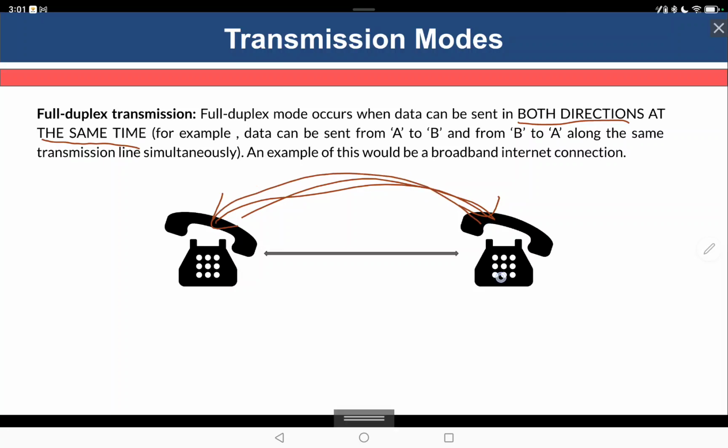So two devices can be communicating with one another and the data can be sent at the same time. When you're on a call with your friend, you can hear them, they can hear you, you can speak, they can speak at the same time, and the data will be delivered in both directions simultaneously. So that is full duplex.